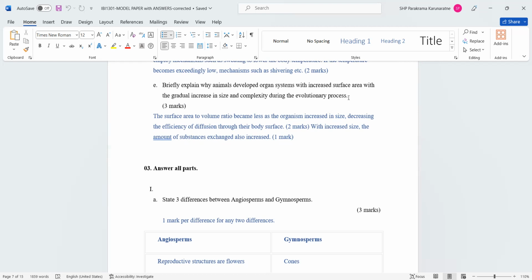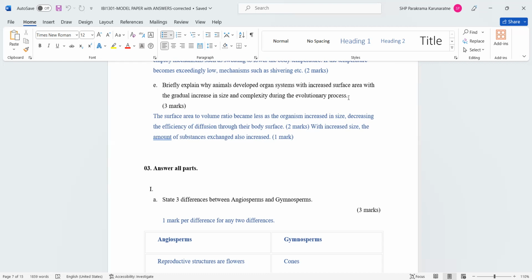Therefore, that surface area is not enough for the animal or the plant to exchange certain things like gases and for excretion. So what they make is, internally the surface area makes invaginations into the body. These invaginations again make increased body surface by making foldings, increasing the surface area.